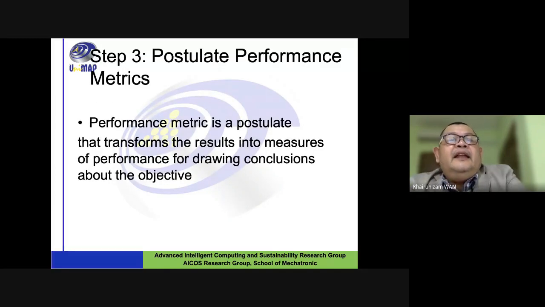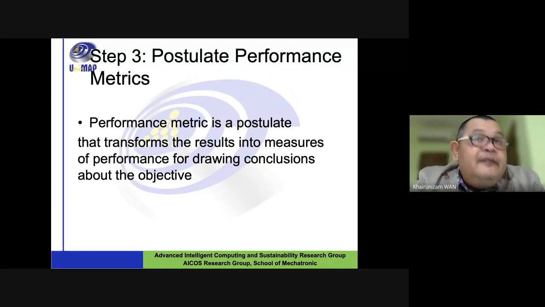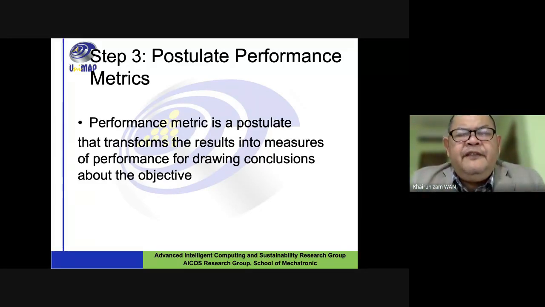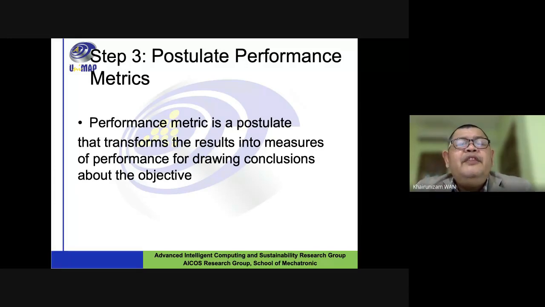Okay, and then step 3 in the hypothesis is postulate performance metrics. So this is performance measure. First you have a problem, second you have a research objective, and then you create the hypothesis. How to measure the finding from your investigation, whether it is okay or not, whether your objective is achieved or not?